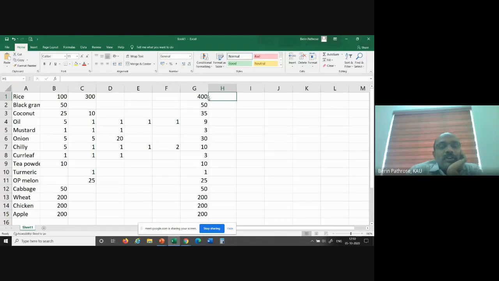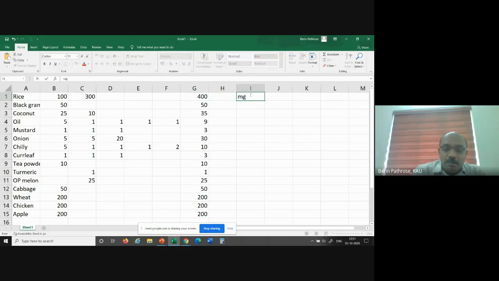So we consider a typical example of a pesticide, quinalphos, Ekalux. There will be an MRL for quinalphos in rice, in black gram, in coconut. For every commodity the MRL will be different. Oil will have an MRL, mustard will have an MRL. The unit of MRL is milligram per kg.